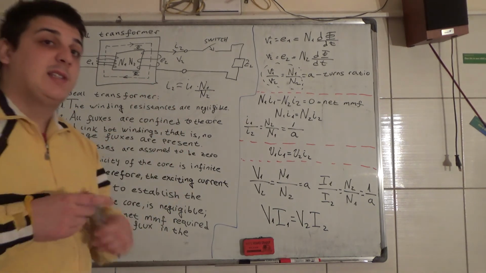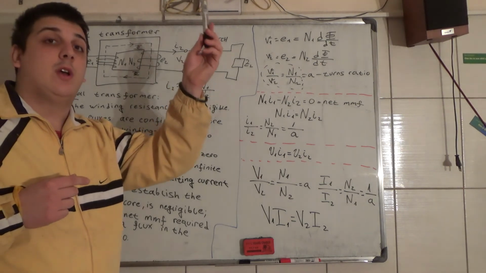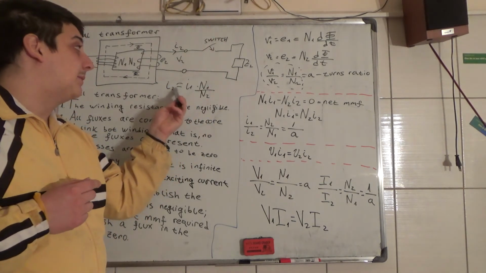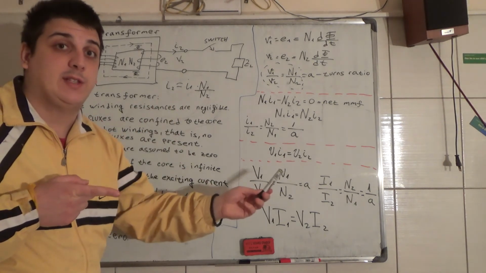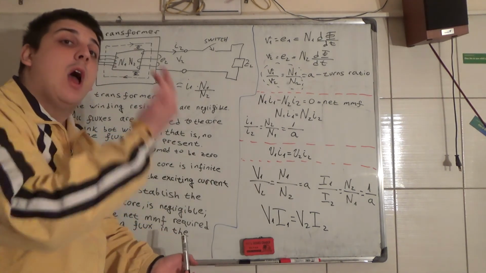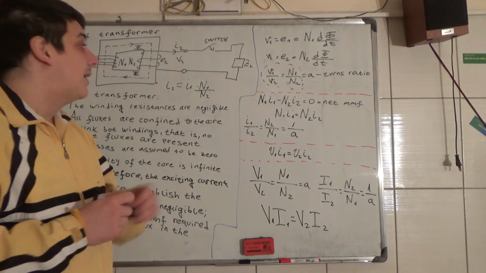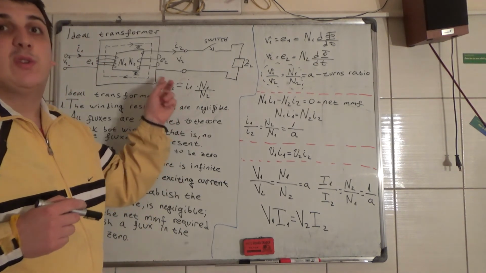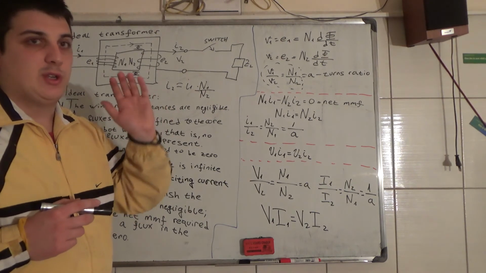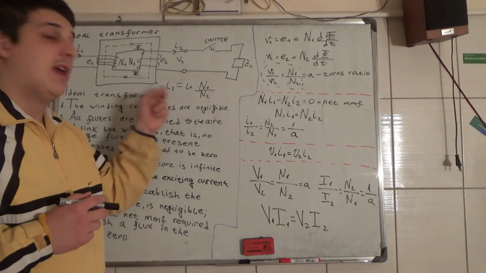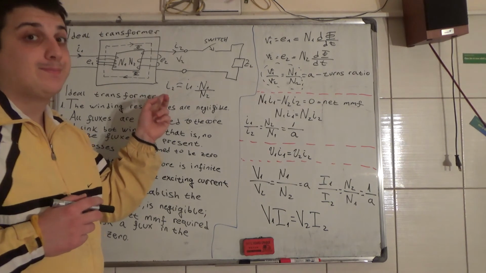But Tesla stepped up the voltage very high and lowered the current on the transmission lines. That's why on the first stage you step up the voltage, and then I2 squared R is smaller, so the Joule losses are smaller if you have a smaller current.